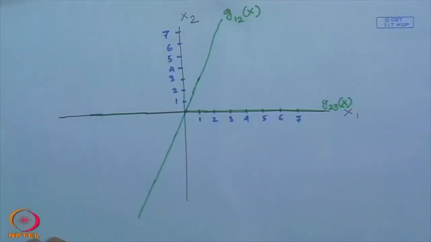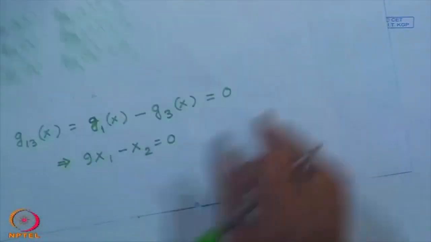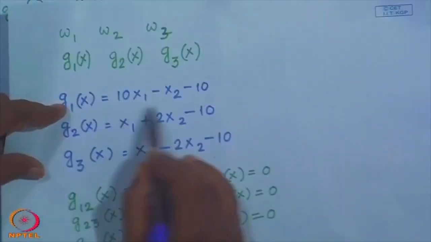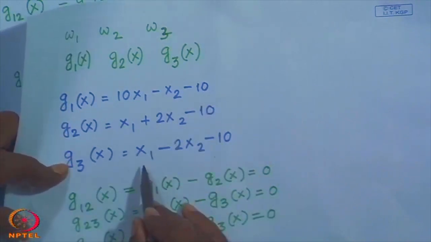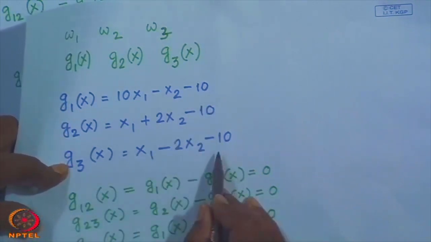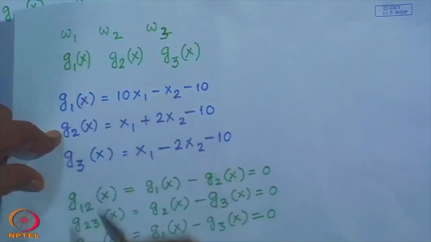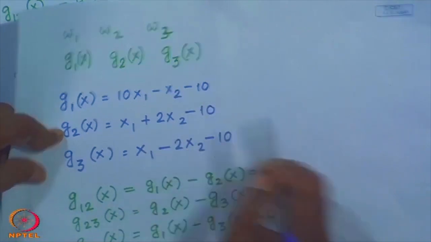And coming to the next one, sorry, here I have made a mistake. My discriminating functions g 1 x was 10 x 1 minus x 2 minus 10, g 3 x was x 1 minus 2 x 2 minus 10. So, g 1 3 x, which is g 1 x minus g 3 x, will be 9 x 1 plus x 2, which is equal to 0.